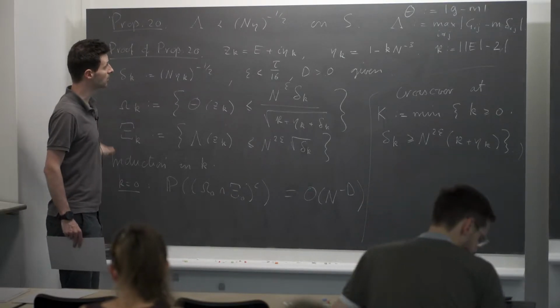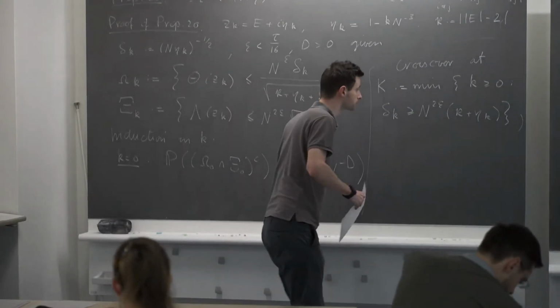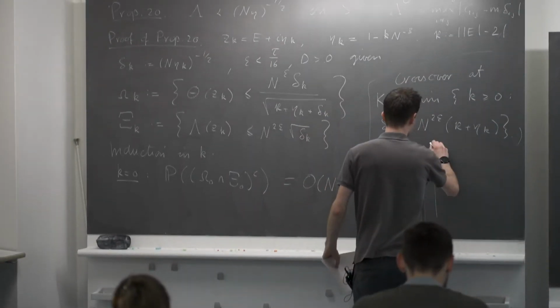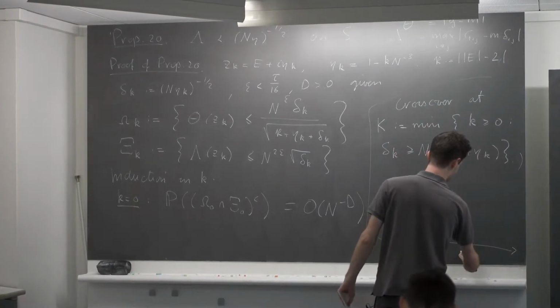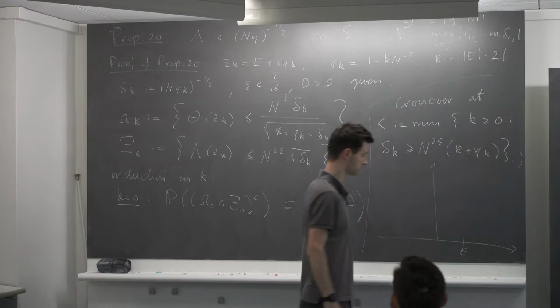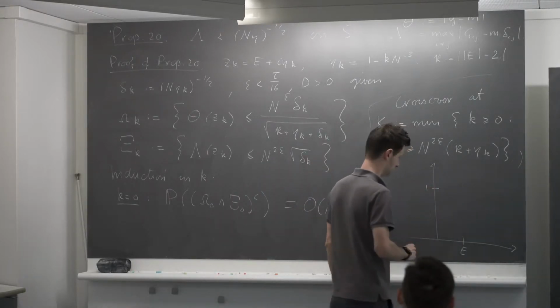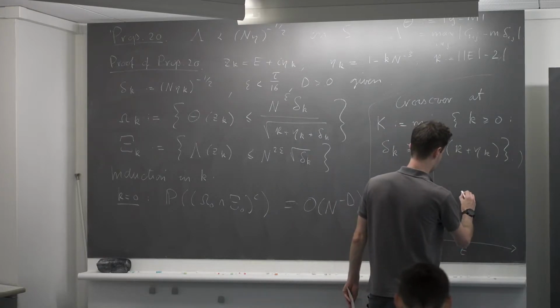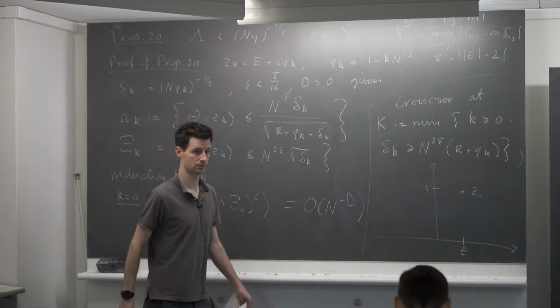And it proceeds as follows. So let me recall the setup. We take points in the complex plane. We pick some value E somewhere on the real axis, which is fixed. And then we start at the point z_0, which has imaginary part 1.